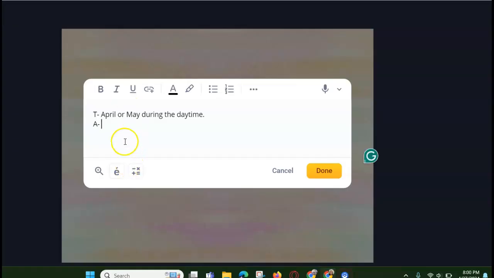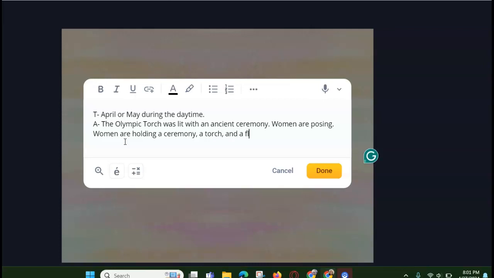So I can go back here and I can say the Olympic torch was lit with an ancient ceremony. Women are posing. Women are holding a ceremony, a torch and a flame.